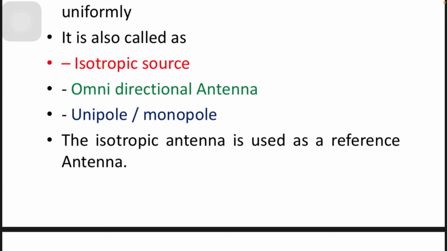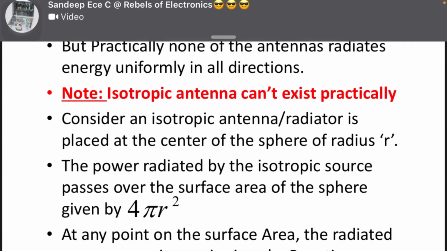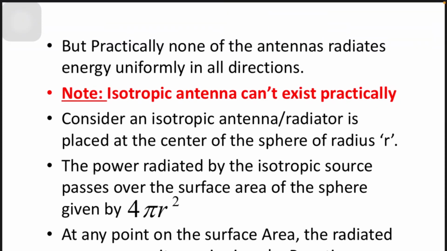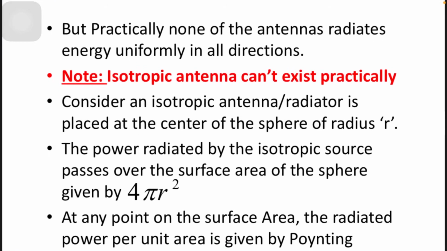The isotropic antenna is used as a reference antenna, but practically none of the antennas radiates energy uniformly in all directions. Note, an isotropic antenna can't exist practically. We must know this.